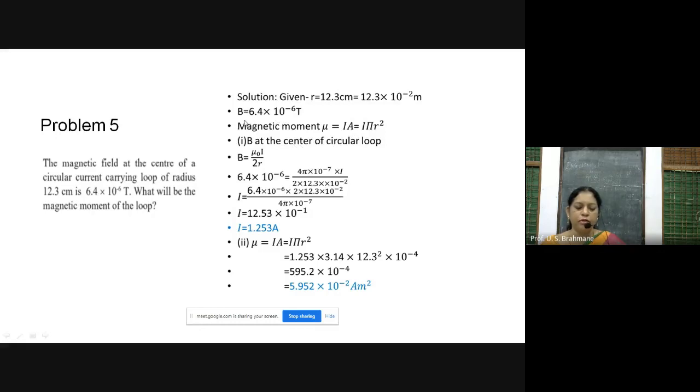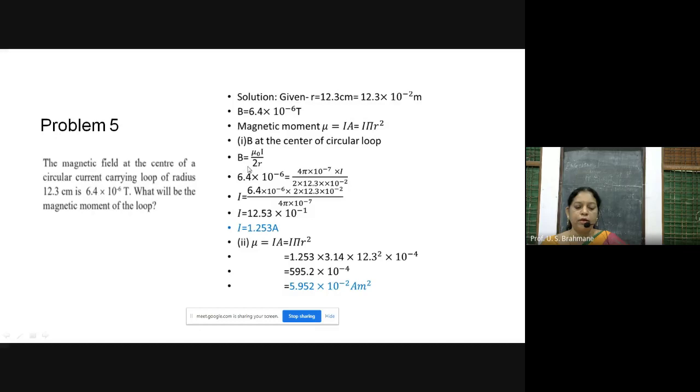So from that equation, B at the center of the circular loop, by Biot-Savart's law, we have B is equal to mu 0 I upon 2R. This is at the center of the circular loop. We have derived this equation in last lectures. Now, substitute the values.